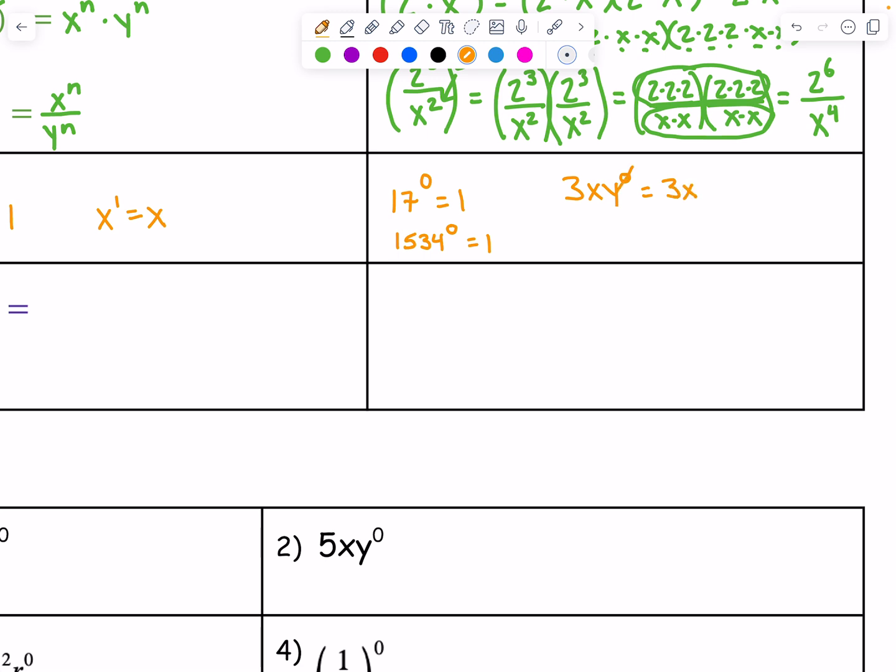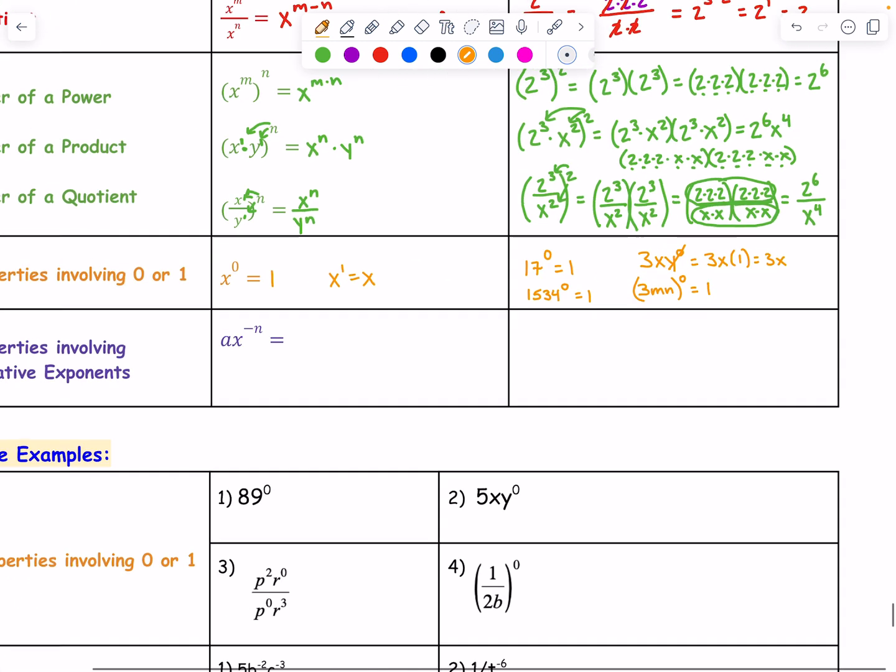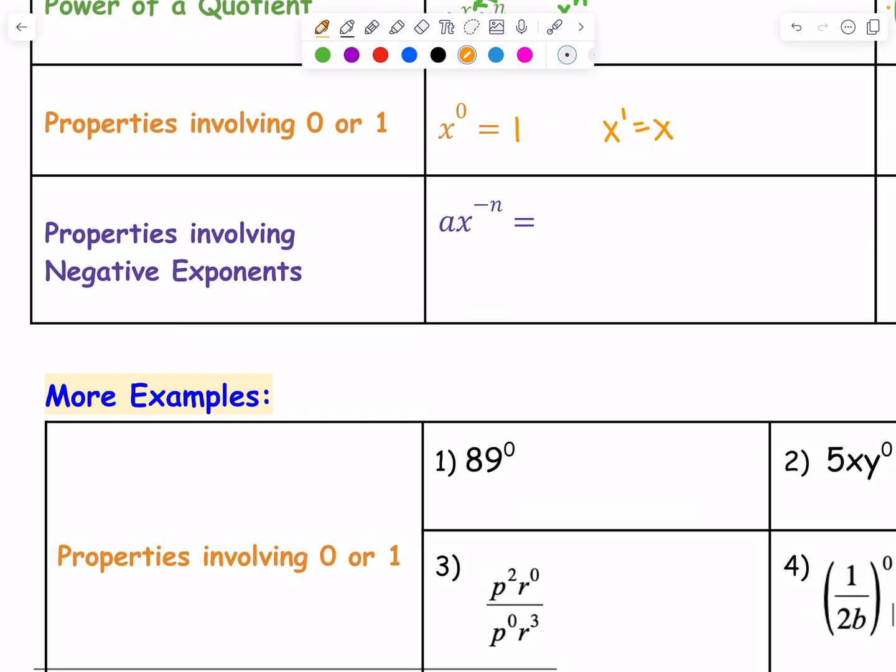The y would just go away because that's just equal to 1. So it's like 3x times 1, which is just equal to 3x. And if I have 3mn to the 0 power, in that case, everything is to the 0 power, so it would all just cancel out and equal 1.